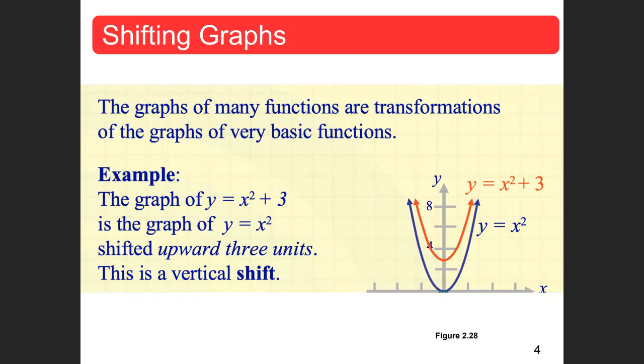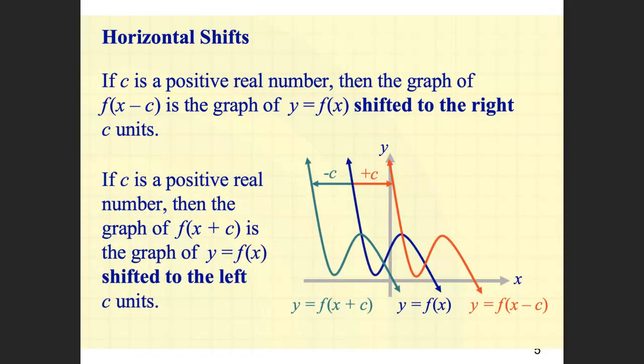That's all adding a number does to a function, and it doesn't matter if it's a parent function or not. If we take the number inside the parentheses, that's going to shift it to the left or right. So if we subtract c, it's going to move it to the right. If we add c, it's going to move it to the left. It's basically the opposite of what you think is going to happen with that graph.